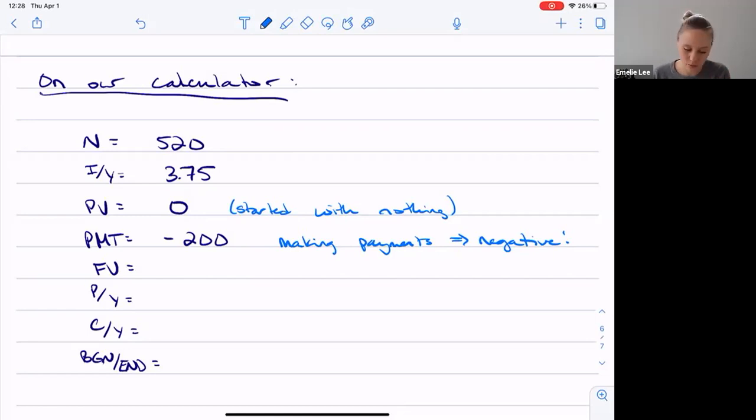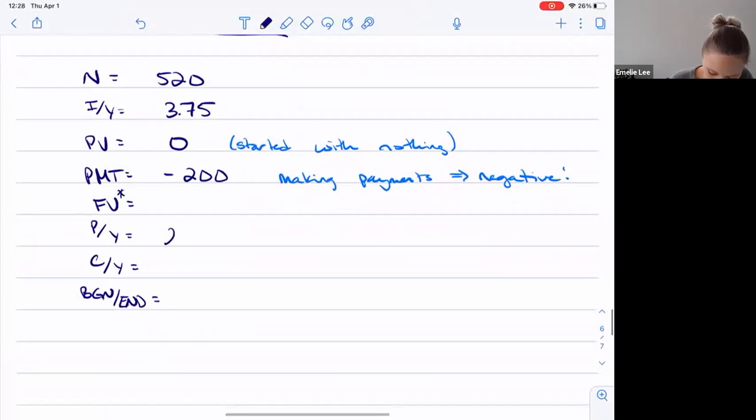The future value is what I'm interested in, right? And so that's where I'll put a little asterisk, because that's what I'm trying to find here. You can fill it with 0 temporarily if you want to. The payments per year, they're making biweekly payments, so the payments per year is now 26.